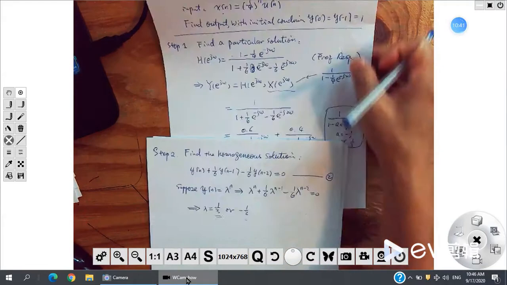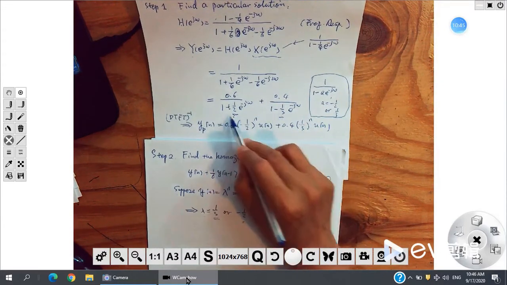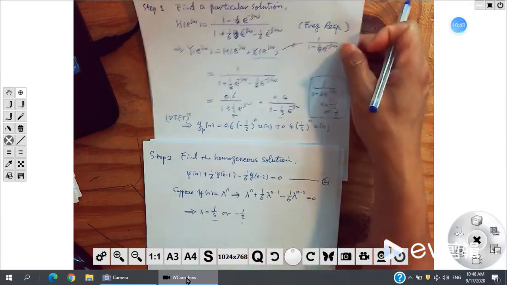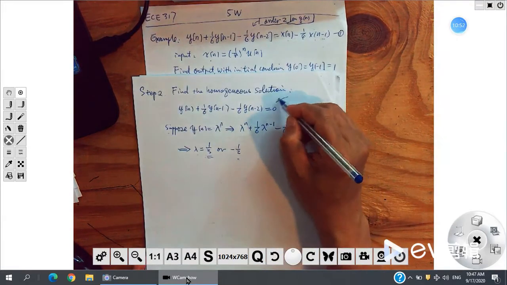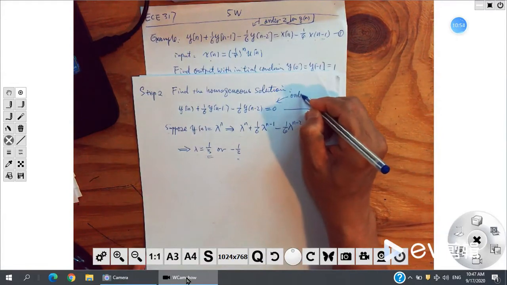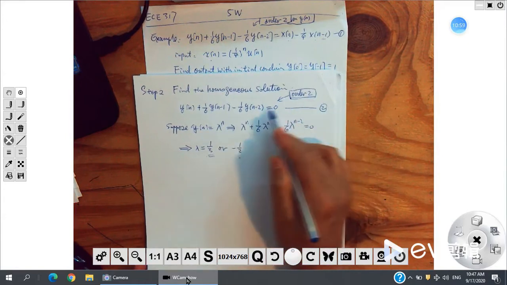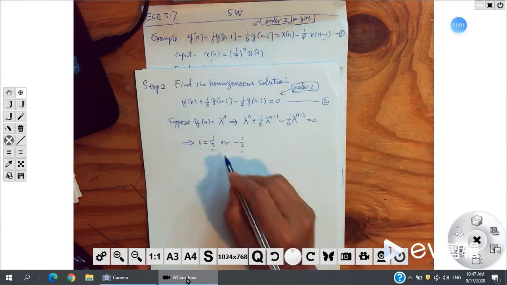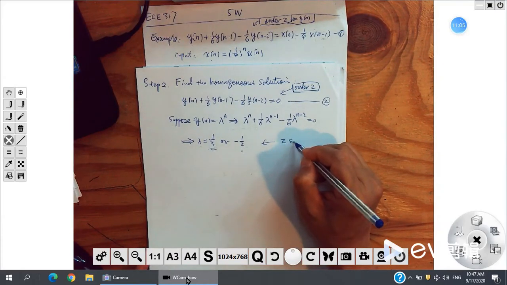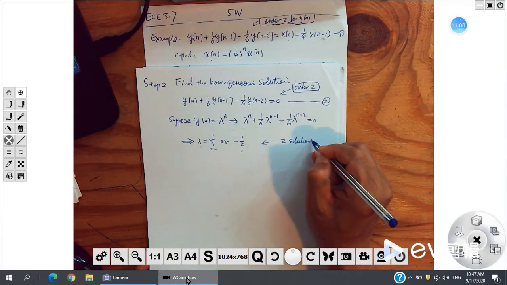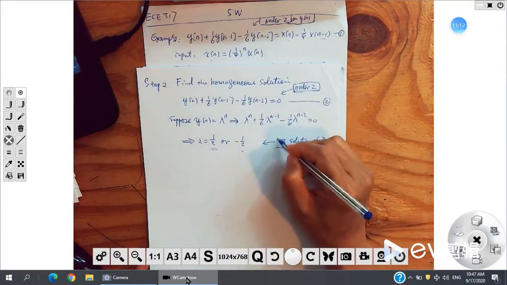Then here we have two of this kind of coefficients, and this one is also order 2, right? Only y, no x, right? So order 2 on y, and 2 solutions of lambda. So this order 2, you have 2 solutions.